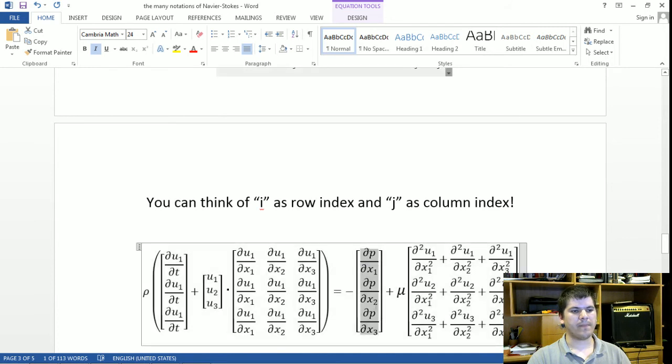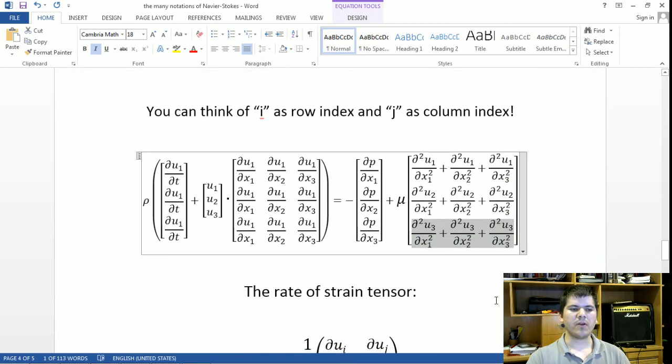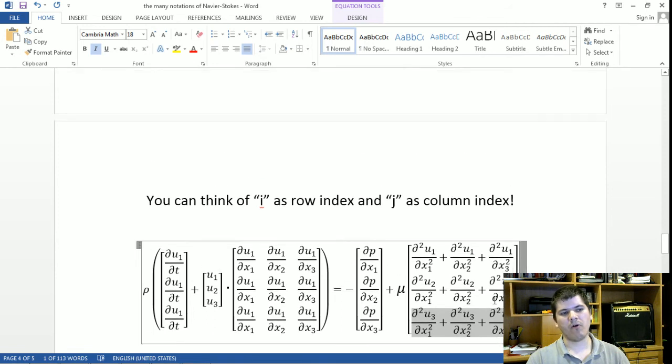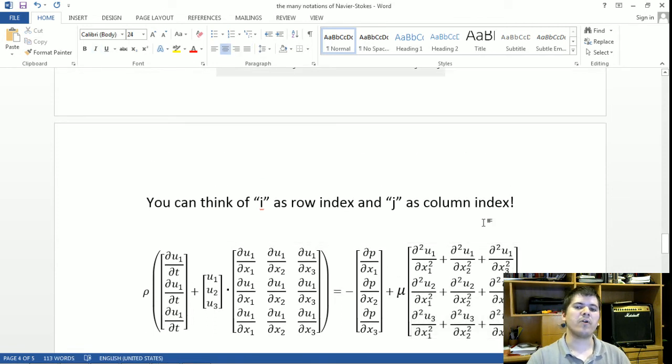And well, for the gradient of a scalar, as I said many times before, when you take the gradient of a scalar field, you obtain a vector field, in which case it's here the gradient of the pressure term, which is, of course, a vector, right? And here it's also a vector, whose components, x, y, and z, correspond to the three components of the viscosity force acting on the fluid, right?